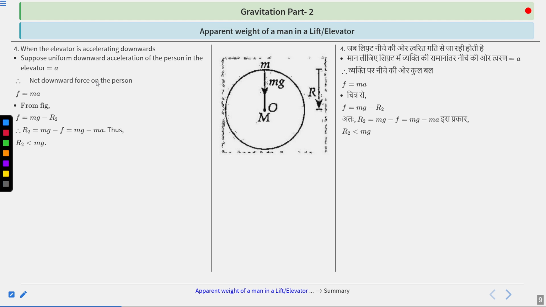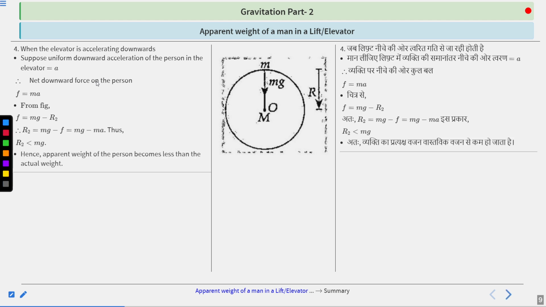Therefore, R2 = mg − F = mg − ma. Thus, R2 is smaller than mg. Okay. In such a scenario, the apparent weight of the person is actually less than the actual weight.